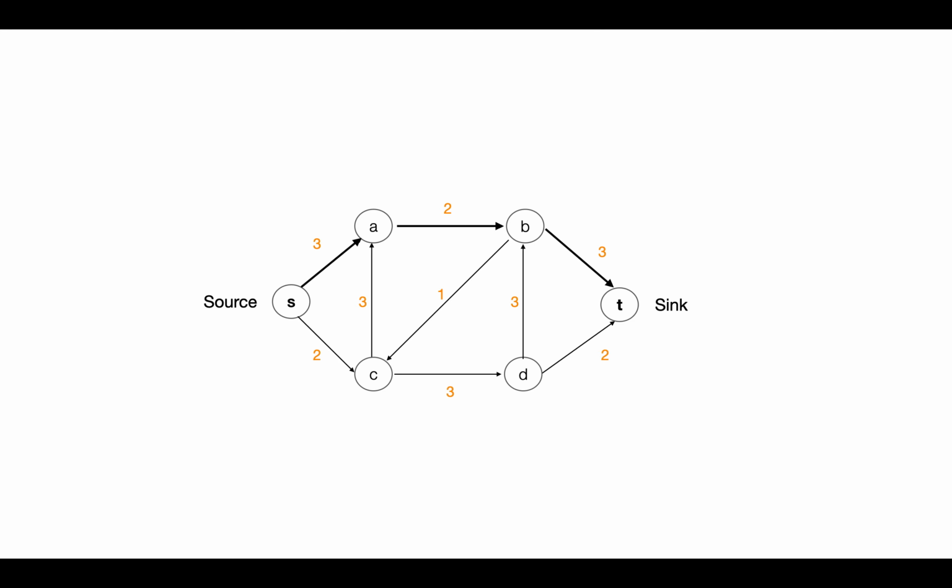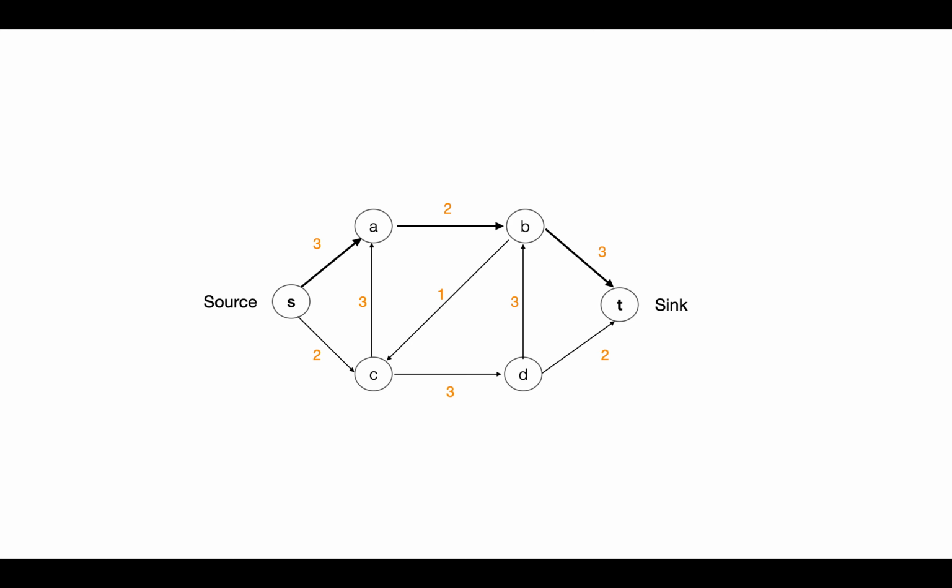So the thing is, the amount of fluid, or you can term it flow, in this path or in any path from source to sink is limited by the bottleneck capacity of that path. Here in this path that we have taken from source to sink, the bottleneck capacity is 2.